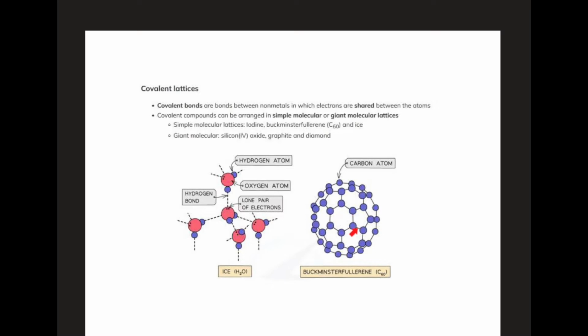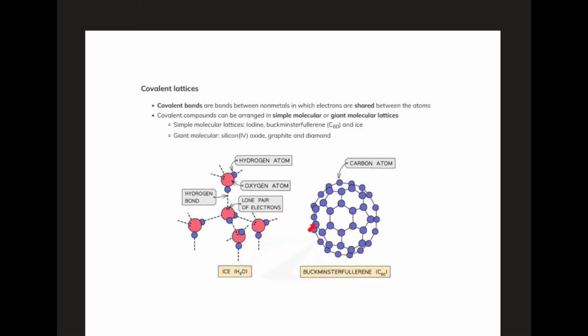Covalent bond. Okay. So we have covalent bonds for this case. You can see that the covalent bond is within a molecule. So this is one molecule, and the covalent bonds are within it. And this Buckminster fullerene is considered one molecule.